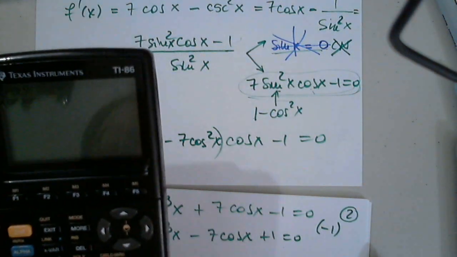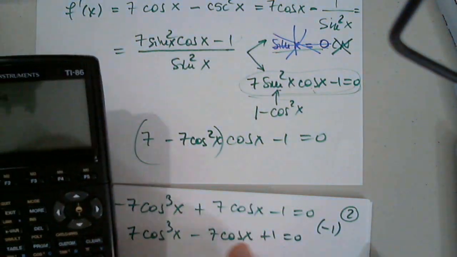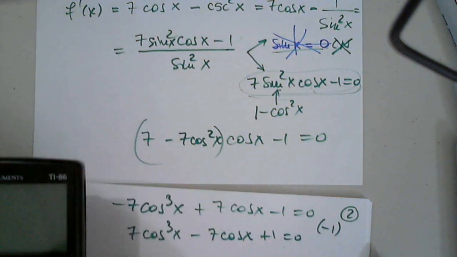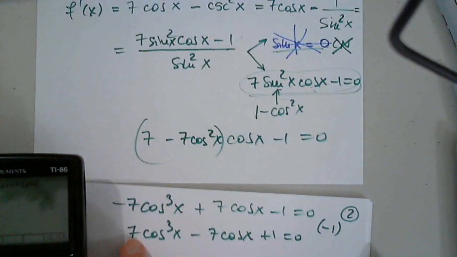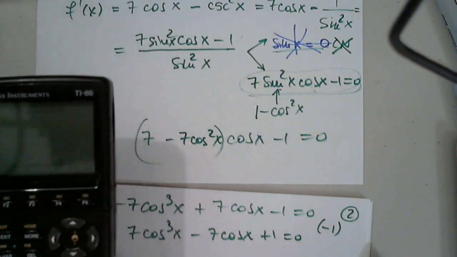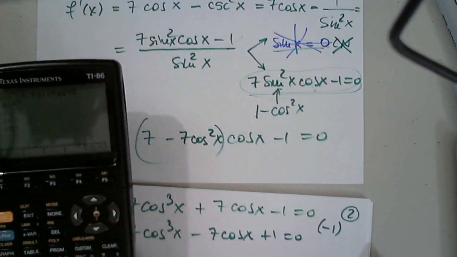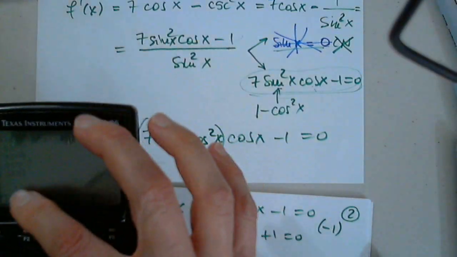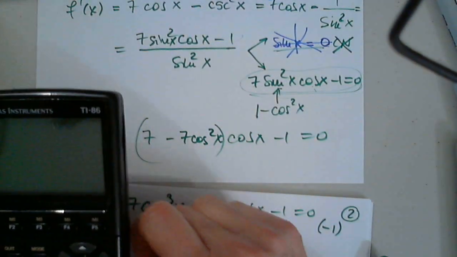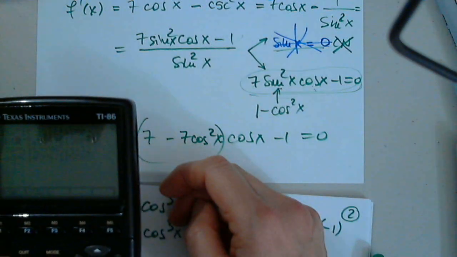It's asking me for the order, which is the degree of this polynomial. I'm going to put order 3. So 7 is the leading coefficient. The next one is cosine squared, but it's 0. The next one is negative 7. And the last one is 1. And all I need to do is just click on solve. And it gives me the 3 solutions, real, imaginary, whatever.